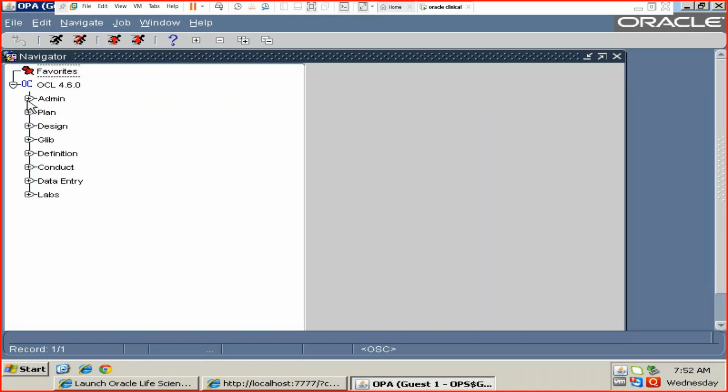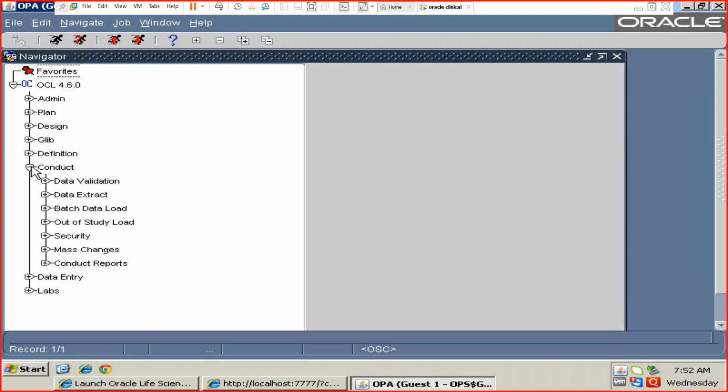This is a super user, in fact. Super user means I have complete access here, like startup, conduct, closeout. Admin we are not going to touch, but plan, design, definition, conduct, data entry, labs, how to handle the lab data, and entering the data into databases.